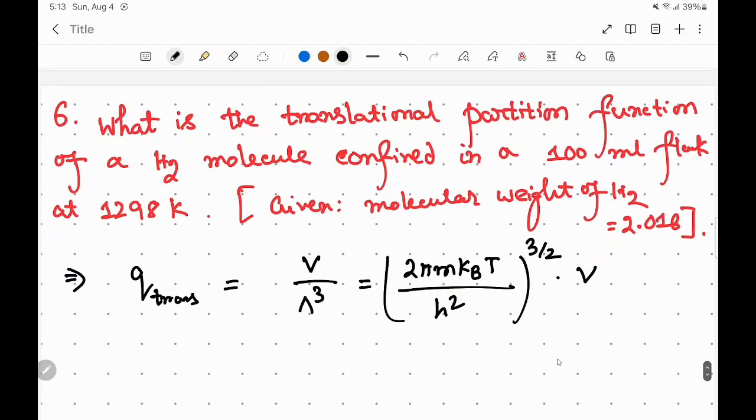This type of question can also be asked. All questions are not tricky, some questions will be straightforward. But here you have to recall this formula.